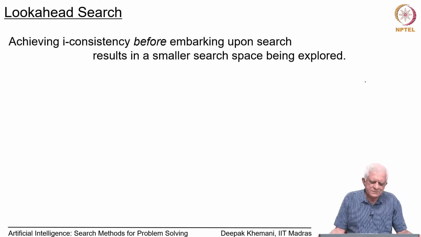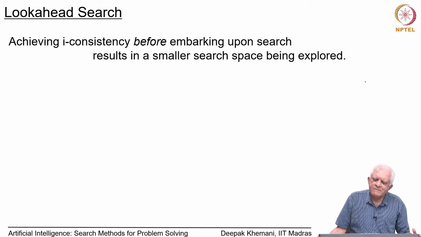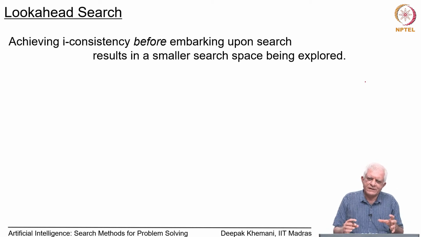So far we said that achieving consistency before embarking upon search results in a smaller search space being explored, that is fine. But what we did not say is that the amount of work you end up doing in enforcing this consistency can be quite large.